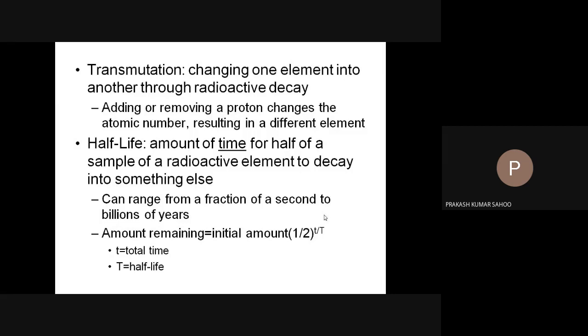Like your rate constant, lambda equals 2.303 by t log N0 by N, where capital N is the number of nuclei left after disintegration, and N0 is the initial number of nuclei. So these things are there. Half-life period will be 0.693 by lambda.